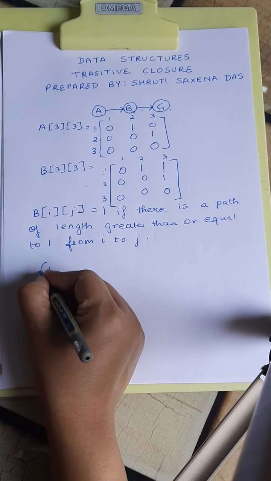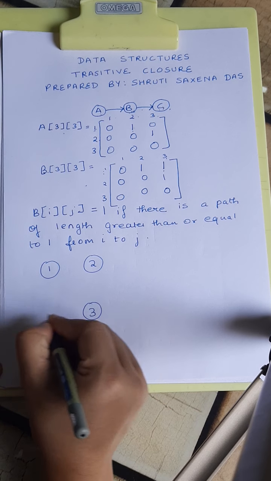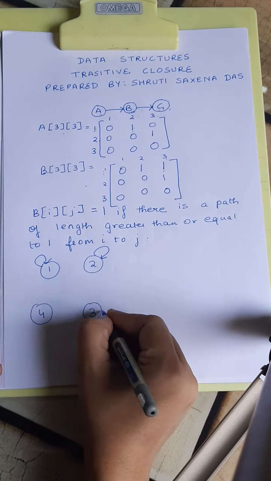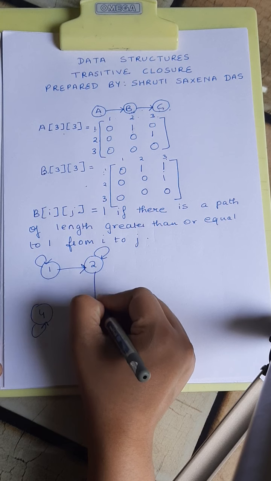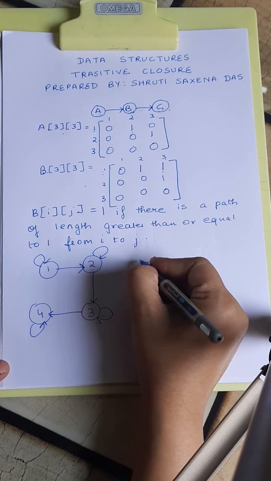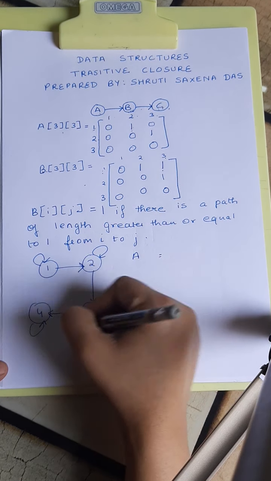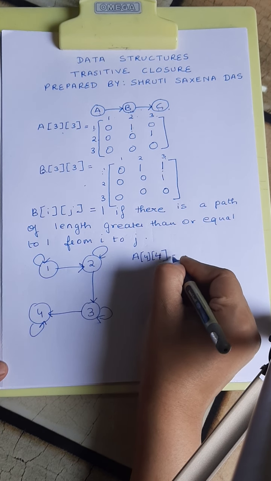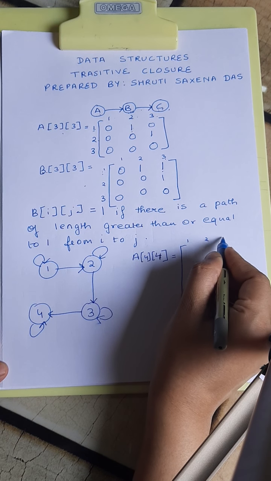Let us take one more example. All these are self loops. So we'll draw the adjacency matrix; a 4 by 4 matrix will be there, as there are 4 nodes.